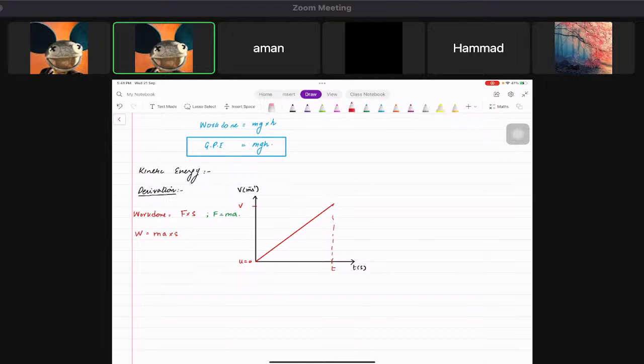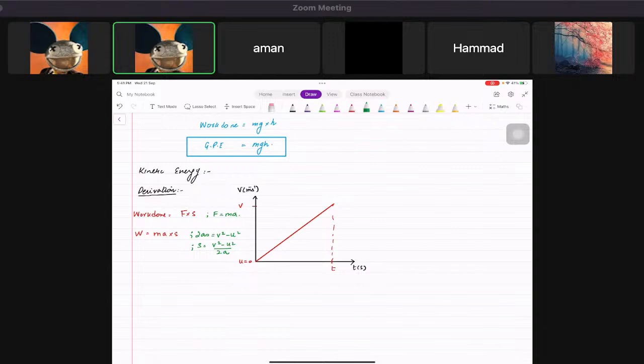Now check this out, please. In kinematics, we learned a formula that 2as equals v square minus u square. So what I can do is make s the subject, and it will be v square minus u square over 2a. So I just divided by 2a on the other side.